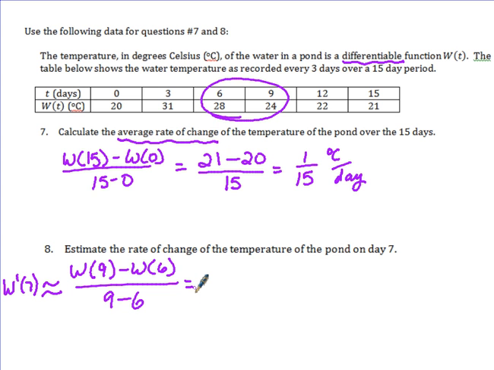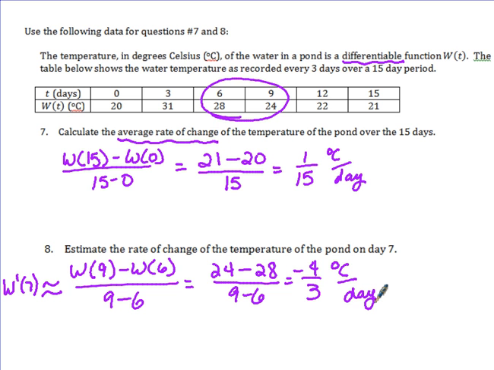If I substitute in numbers from the table, W of 9 is 24, W of 6 is 28, over 9 minus 6, and we get negative 4/3 degrees Celsius per day. We ended up with a negative rate, which indicates that our temperature is decreasing around day 7, which should make sense if we consider that on day 6 it was 28 and then on day 9 it was 24.